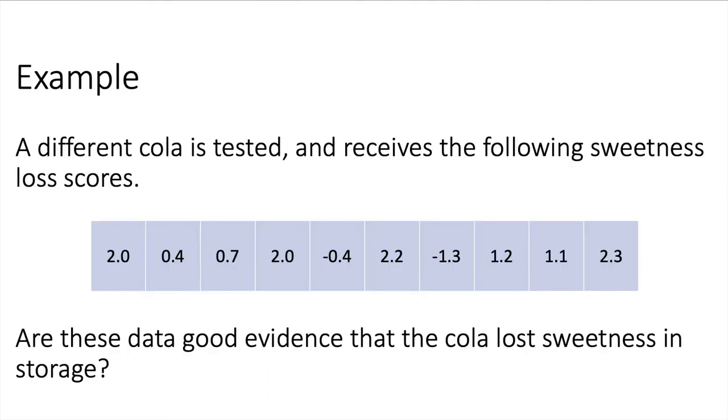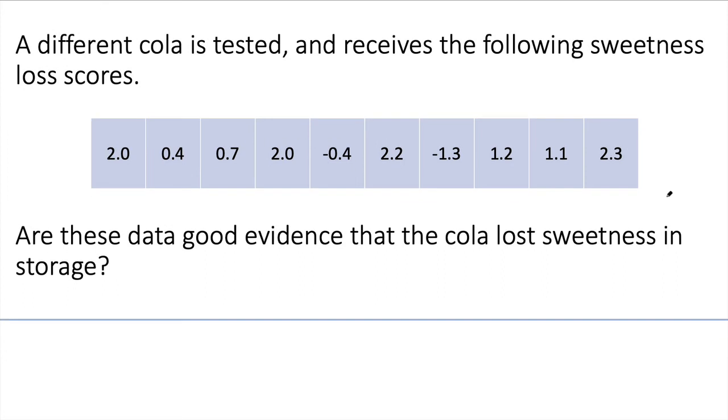Let's look at another example. We'll do a different cola, same idea. Okay, different cola, and we've got our 10 professional tasters that have given a sweetness score. And we'd like to know if this is good evidence that this cola has lost sweetness. So again, we need to compute the mean.